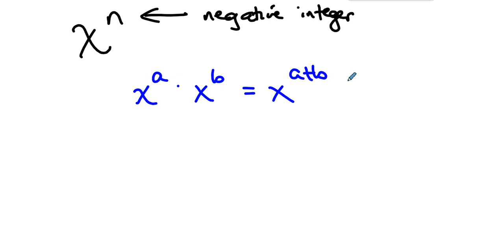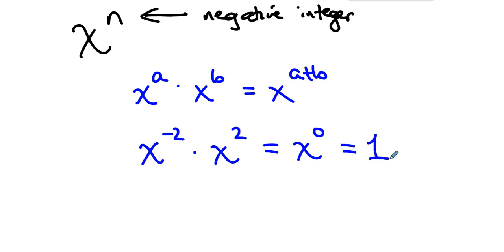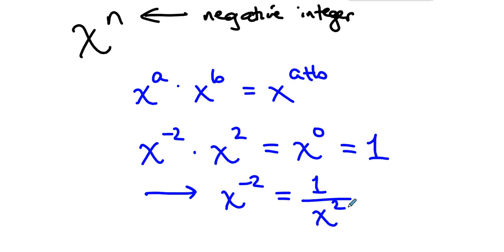We still want that to be true when we go to negative integers. So we want it to be that x to the negative 2 times x to the positive 2 is x to the 0. We want that to happen. And we know what x to the 0 is. That's 1. And so we conclude that x to the negative 2 is 1 over x to the positive 2.